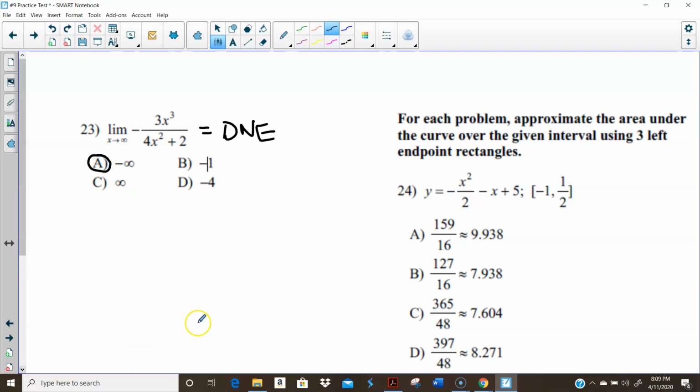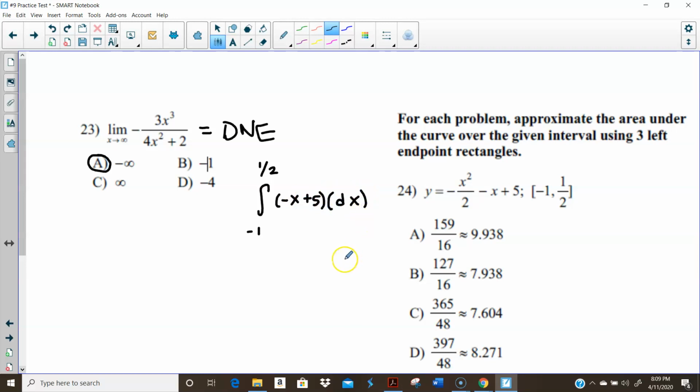Okay, the last problem of the day, hurrah, is 24. If you didn't want to do it by Riemann sum, you could probably throw it into your calculator as an integral. So the integral is going to go from -1 to a half, and then you would put in negative x plus 5 times dx.